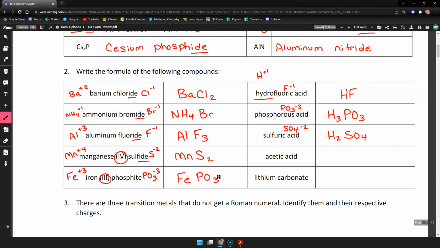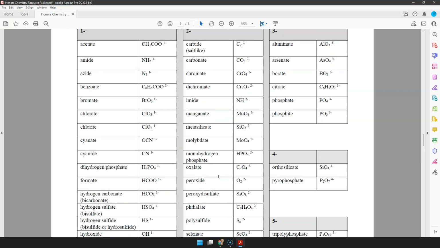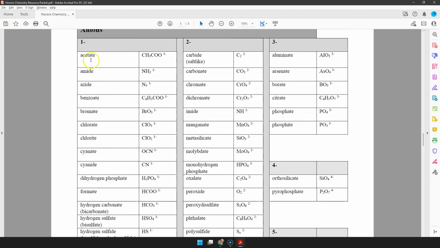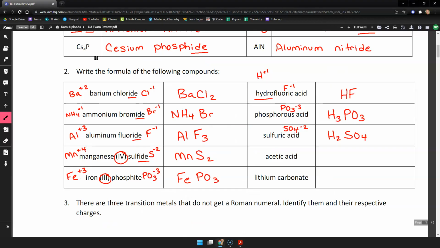All right, acetic acid. No hydro, so there has to be an oxygen. So let's go take a look at our table. And right up here, acetate. So it was acetic acid, so the whole ATE is going to get taken off here, and we're going to end up with acetic acid. So let me write that out.